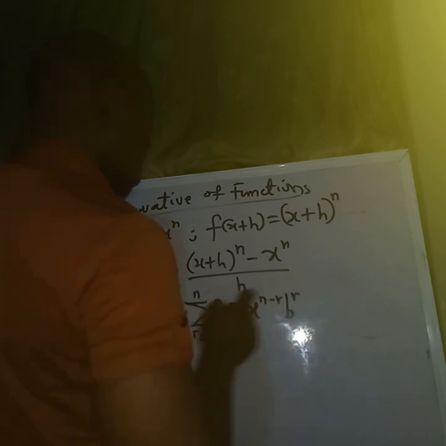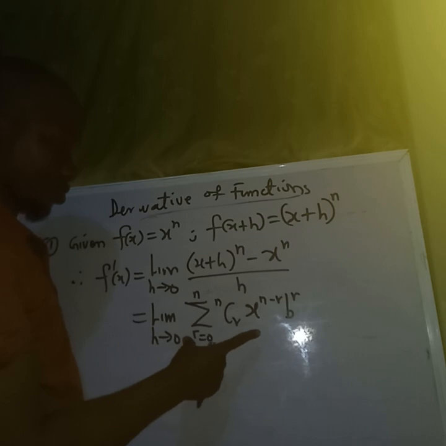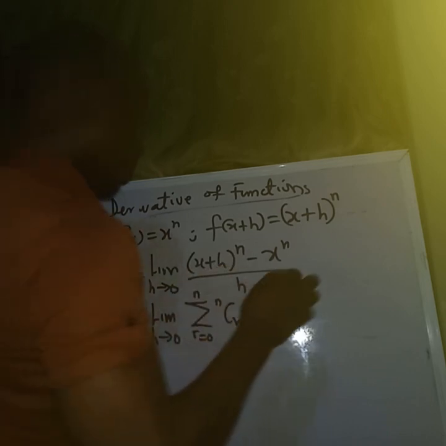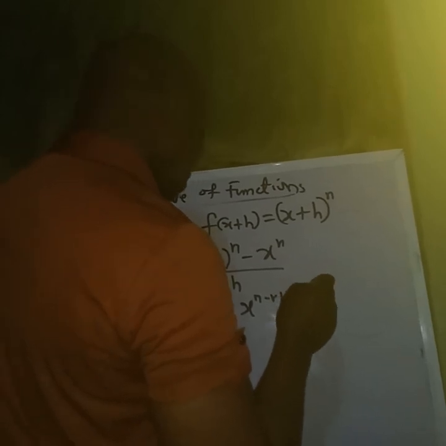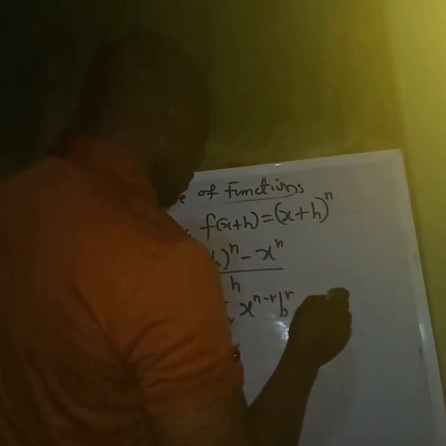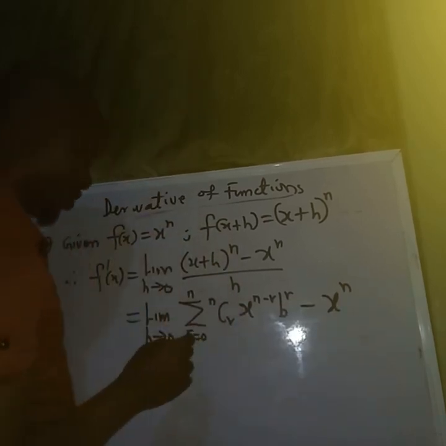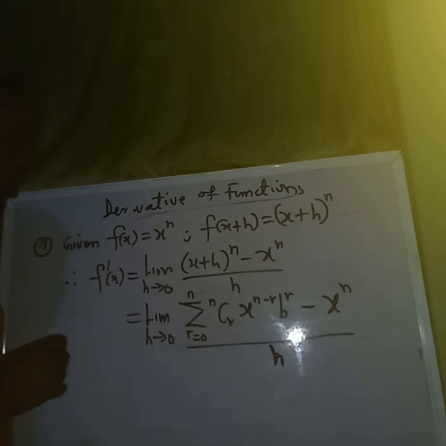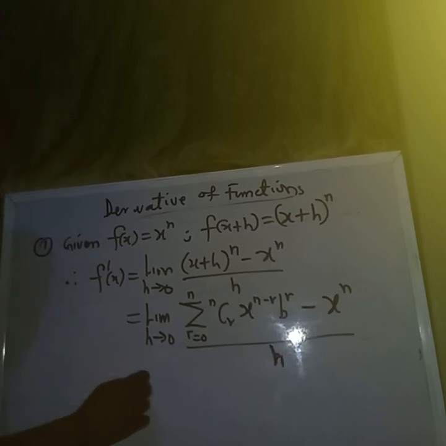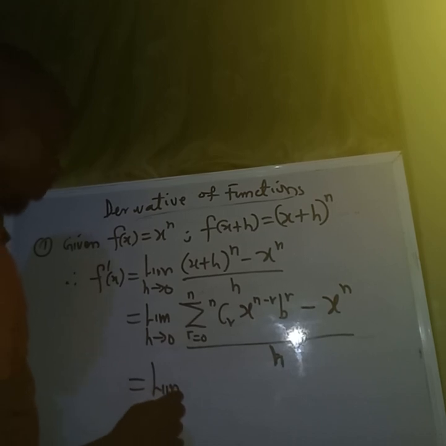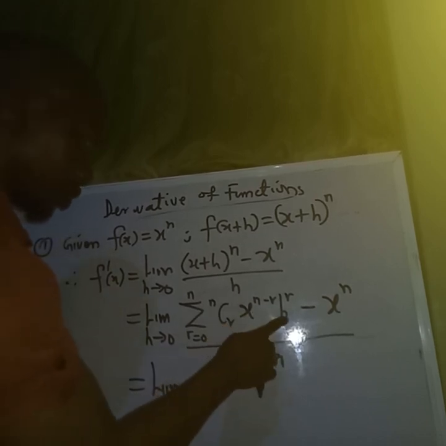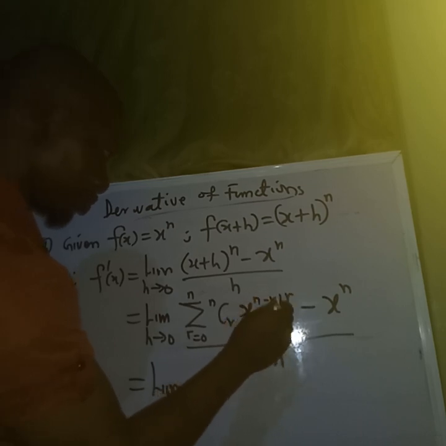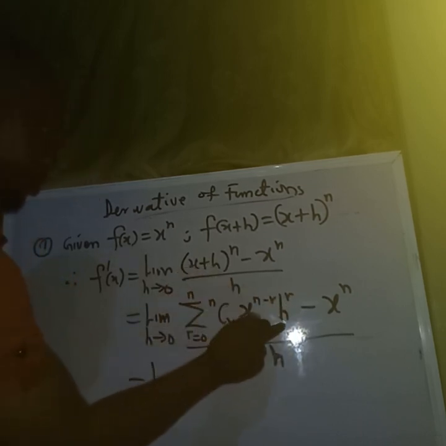So this term means this term, and this is minus x to the n, everything over h. So this is equal to the limit as h tends to 0.